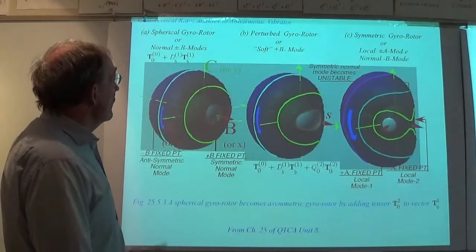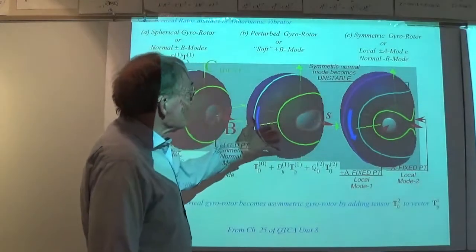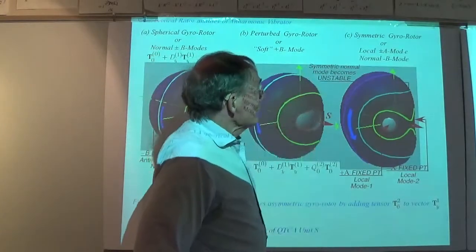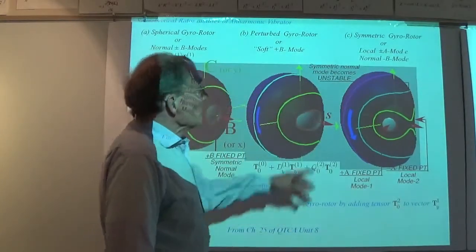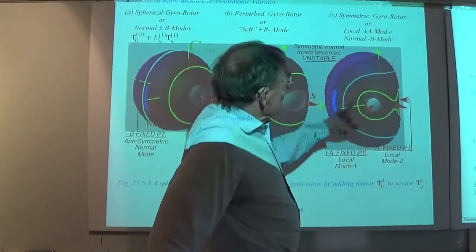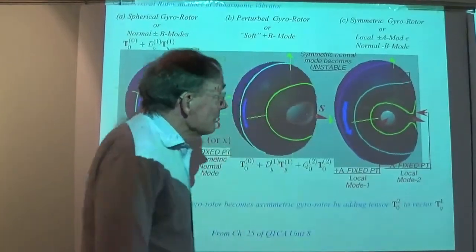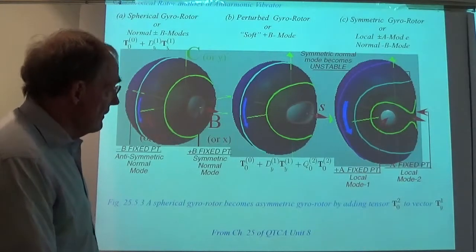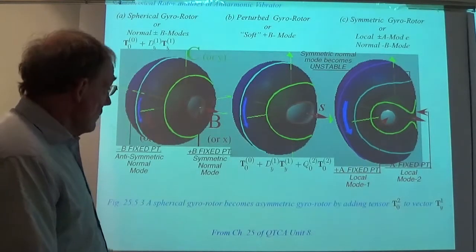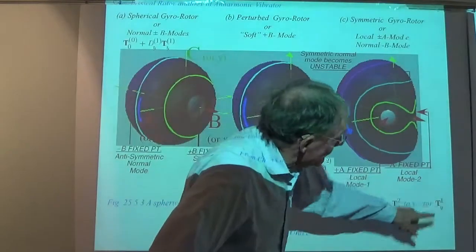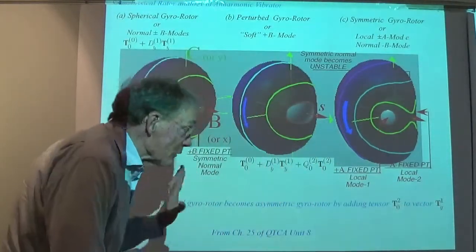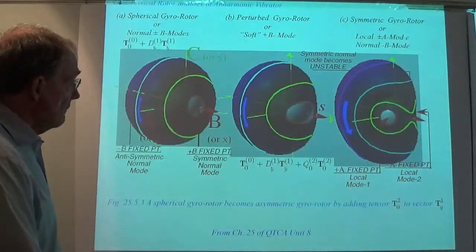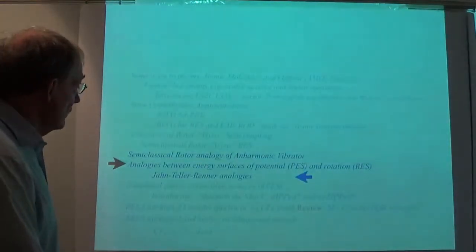So there's a spherical gyrorotor, a perturbed gyrophore, a really nicely symmetric gyrophore with a local A mode and normal B mode, and B mode's on the other side. So that's kind of neat. I think that's something to know. So now you're adding the quadrupole and the dipole Hamiltonians to make motion that's really non-trivial.